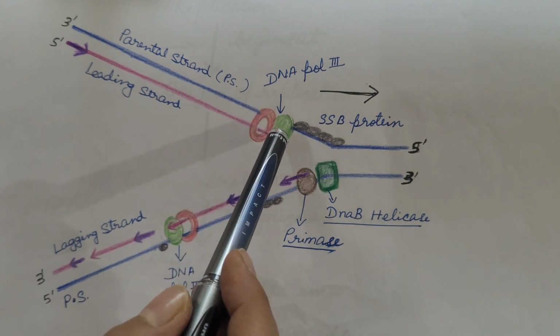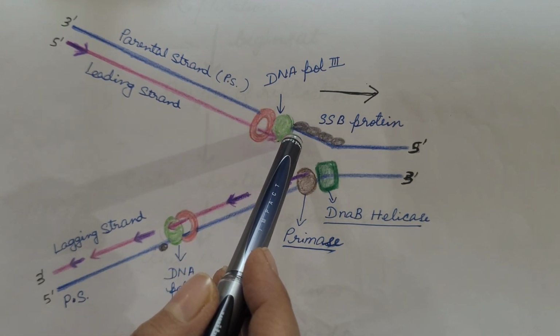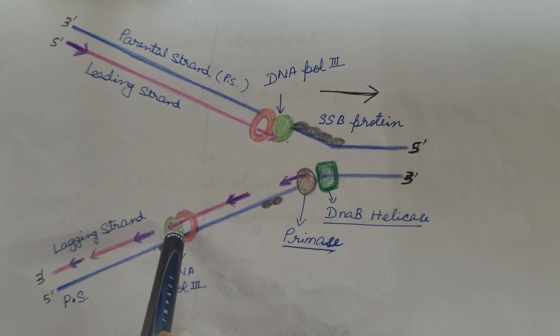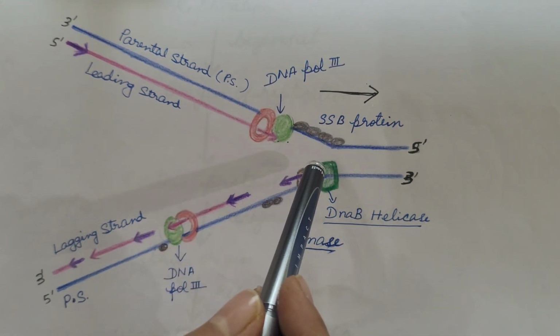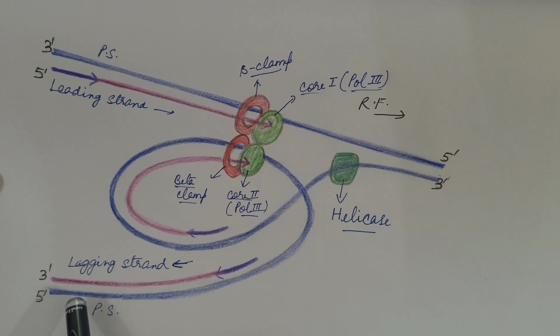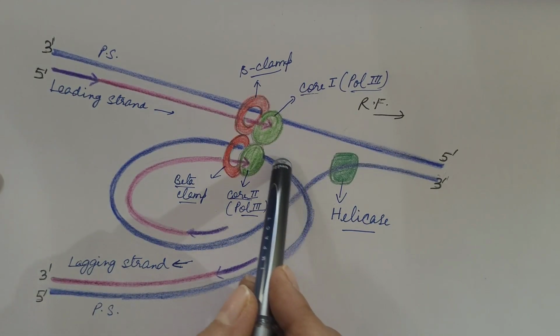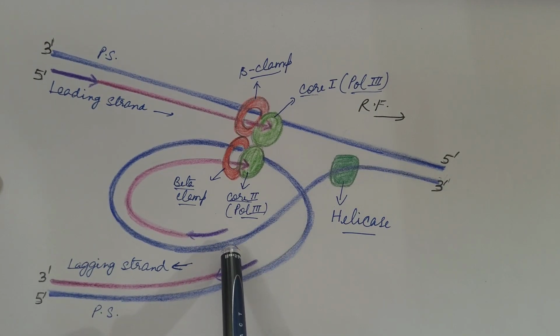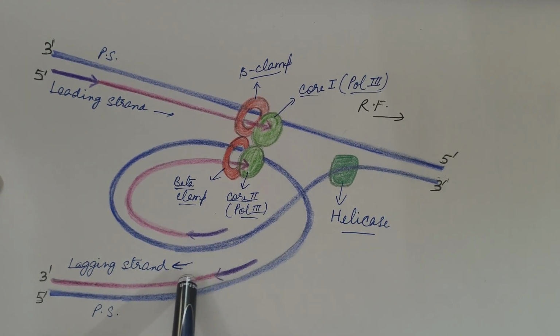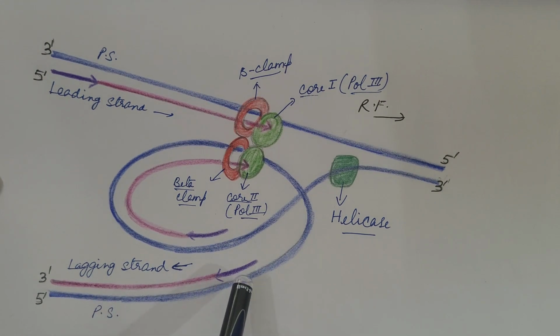So at a time, the dimer of the core domain and the beta clamp of DNA polymerase III cannot move in the opposite direction. And this problem is solved by the looping of the template of the lagging strand, since the lagging strand is synthesized in the opposite direction of the movement of the replication fork.